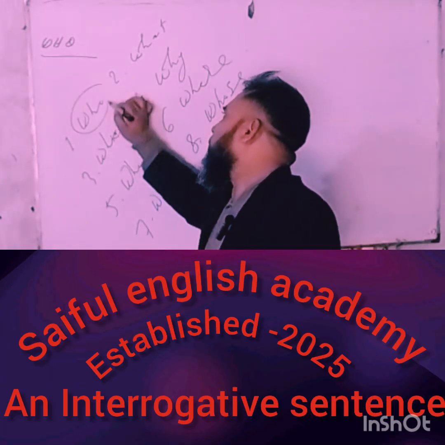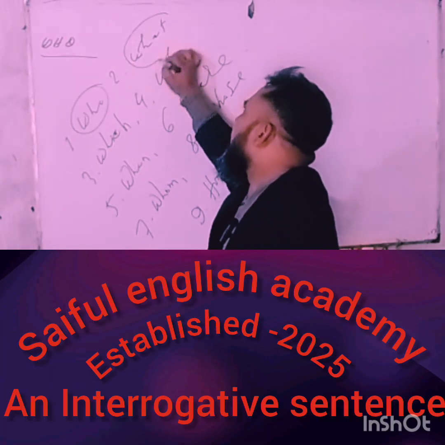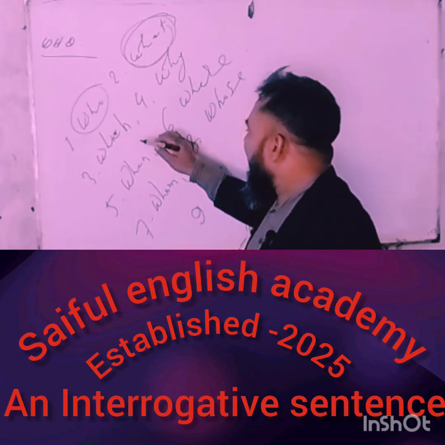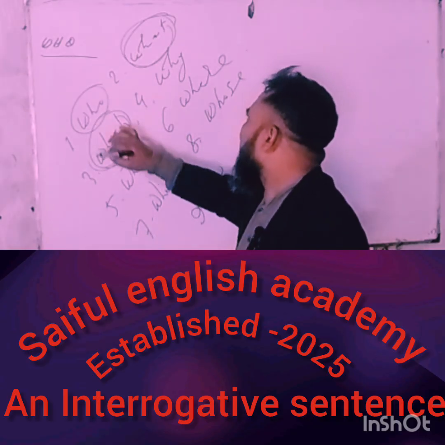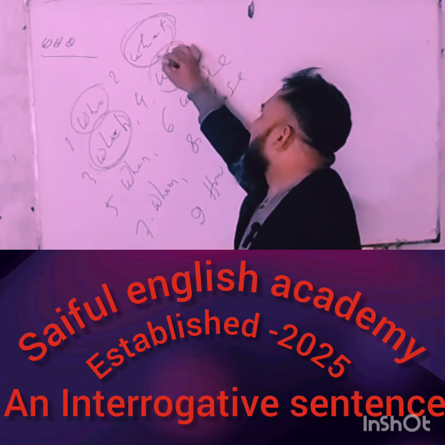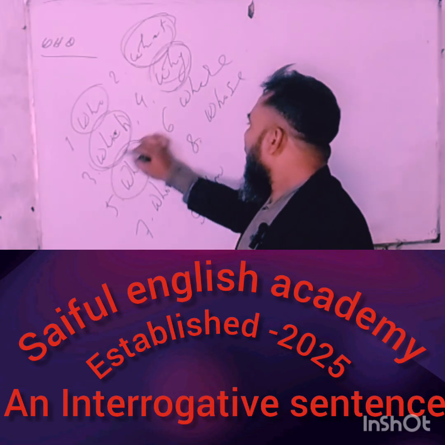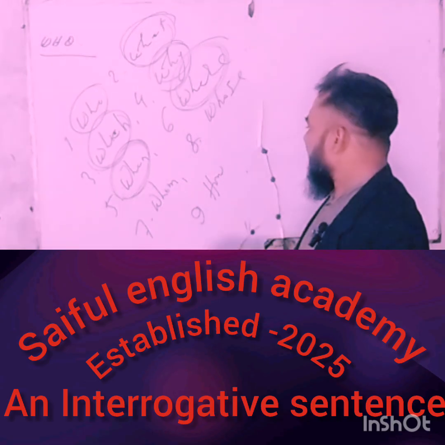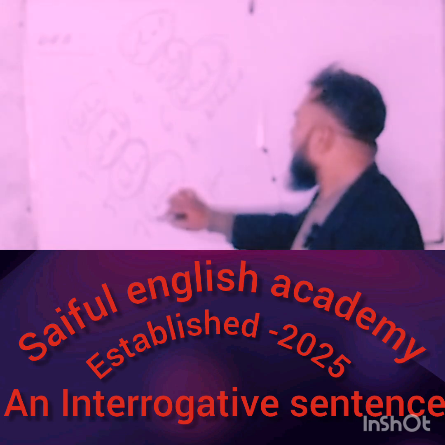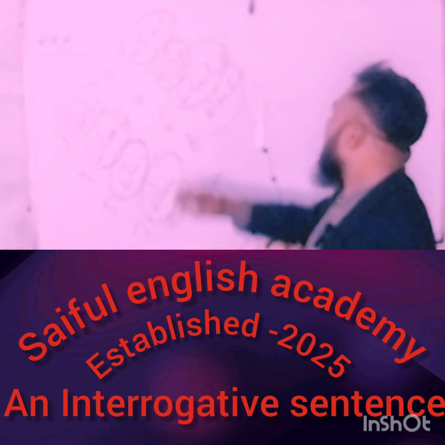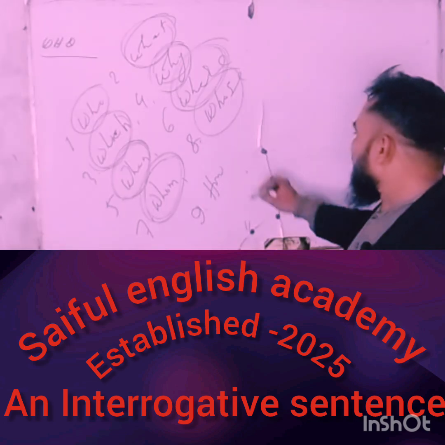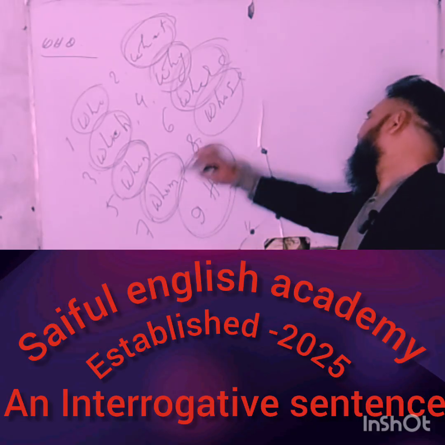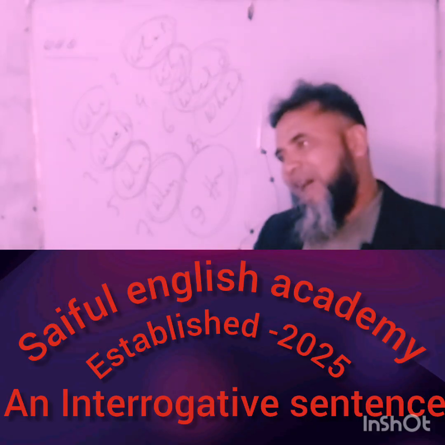Okay, my dear learners, there are nine types of WH question. Number one, who. Number two, what. Number three, which. Number four, why. Number five, when. Number six, where. Number seven, whom. Number eight, whose. And number nine, how.